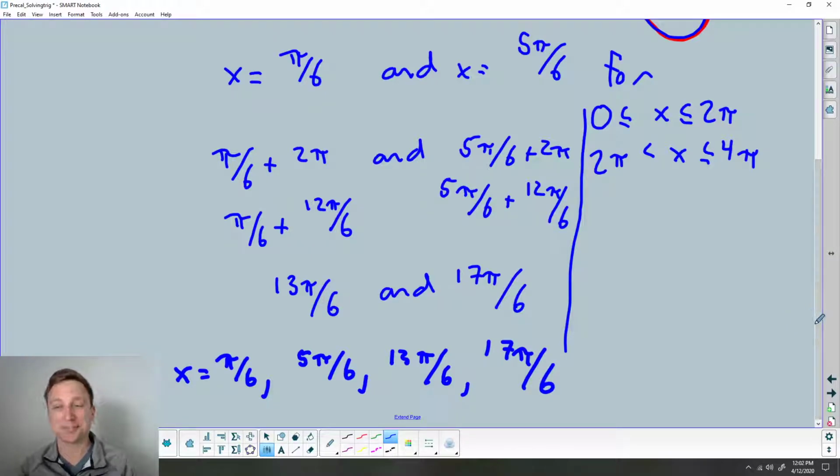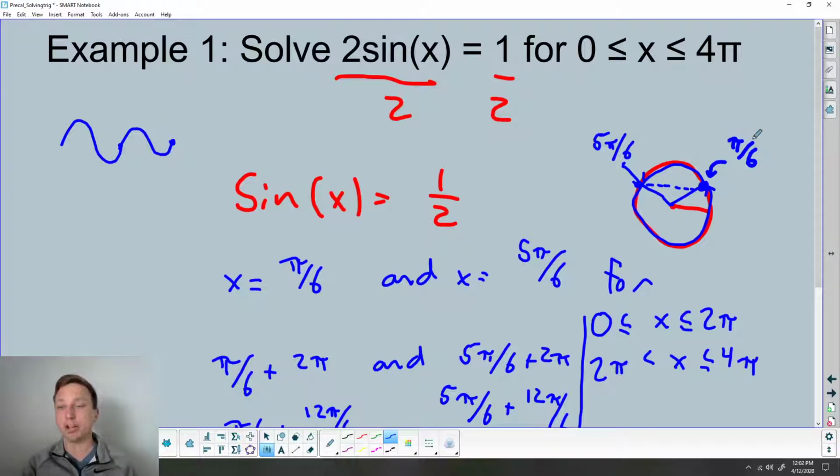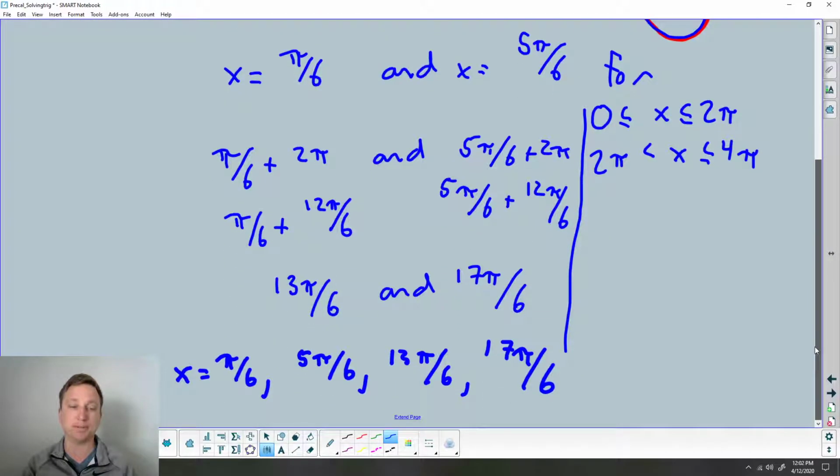I wanted to let you think for a second there. What would happen if we add 4 pi is we go beyond our domain restriction. If I add 4 pi to pi 6ths, I would be somewhere beyond 4 pi. I'd be at 4 pi plus pi 6ths. I only want values of x between 0 and 4 pi. This doesn't tell me how to find those values. I just have to think about going 1 revolution, 2 revolutions from there, or adding 2 pi to it.